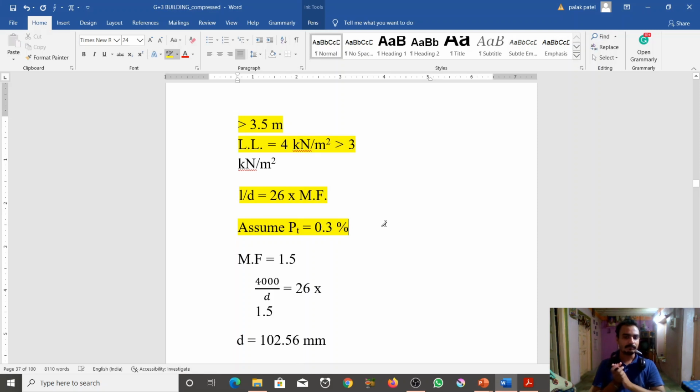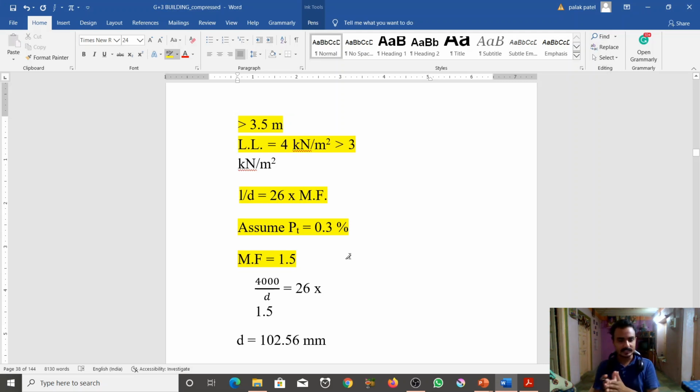Next, we assume pt. The percentage steel will be assumed as 0.3%. MF, the modification factor, is 1.5. I explain all things in detail. How can we find MF? I will not repeat this.